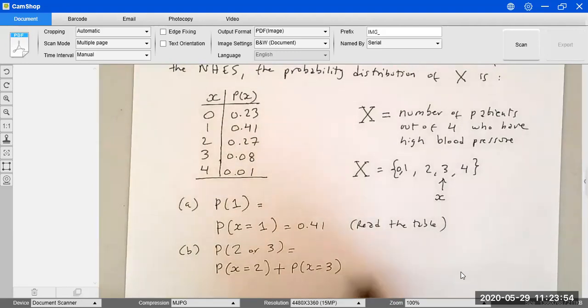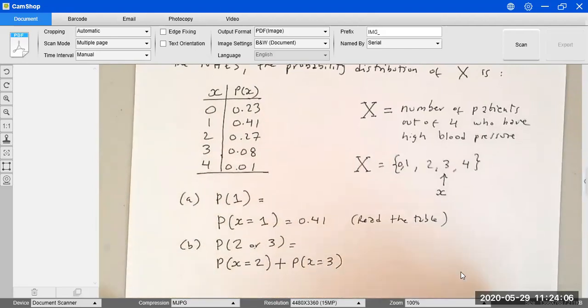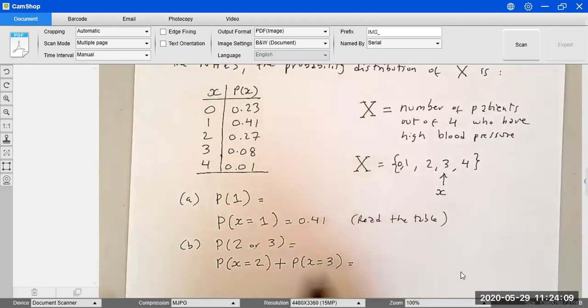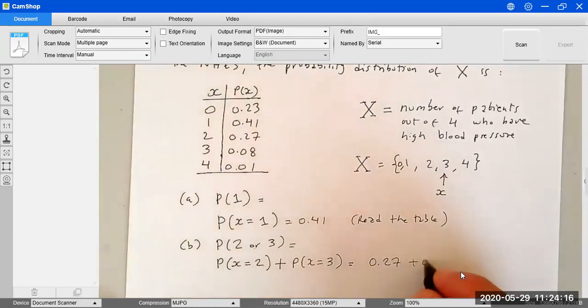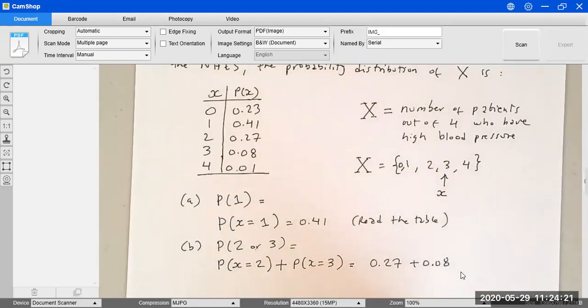You don't need to subtract the overlapping or the intersection, because it's either 2 or 3, but it cannot be x equal to 2 and 3 at the same time. Then you just read it from the table. For x equals 2, you find 0.27. For x equals 3, you read 0.08. We need to add these two values, and we get 0.35.